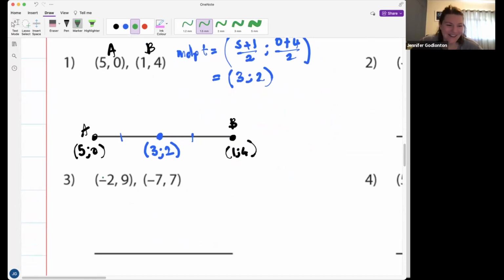Next one, you have got point A and point B. Point A over here is -2 and 9. And point B is -7 and 7. And I am looking for this midpoint in the middle.